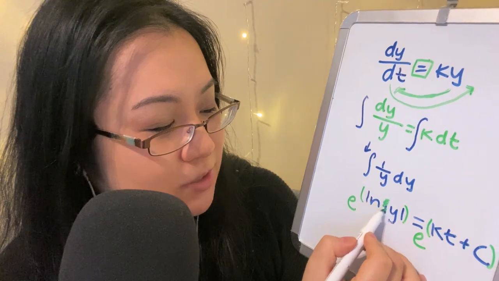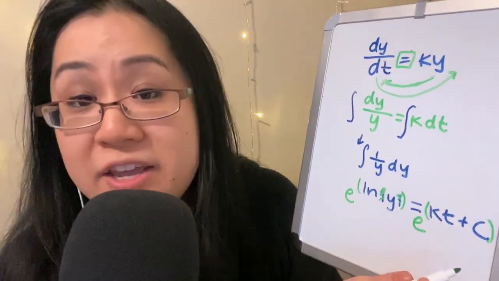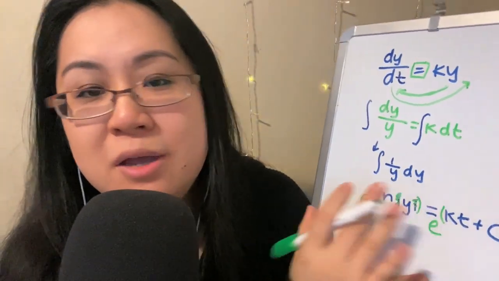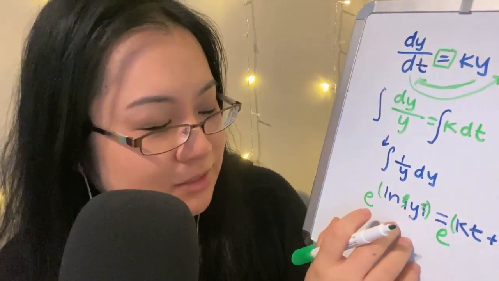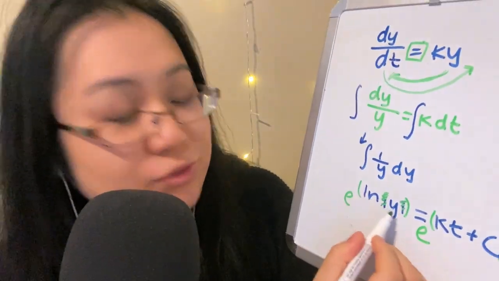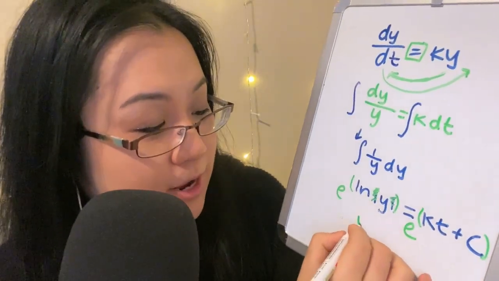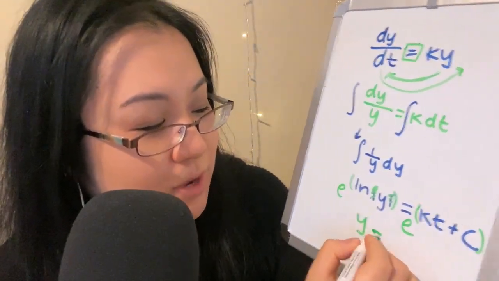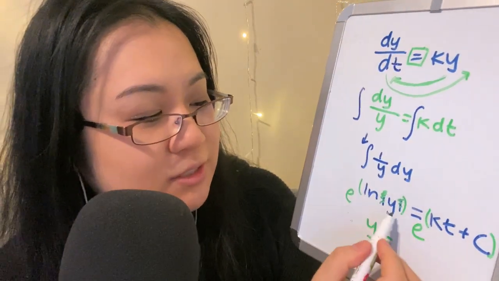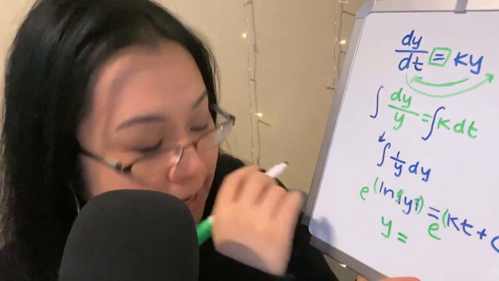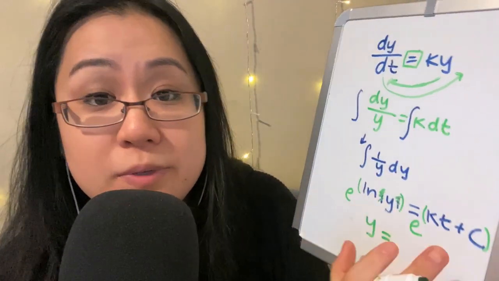At this point, I'm just going to get rid of the absolute values again, because population, mass, or whatever else is going to be positive. So e to the natural log of that is going to be y. That's why we're raising everything to e to the stuff, because we're just rewriting this as an exponent equation.